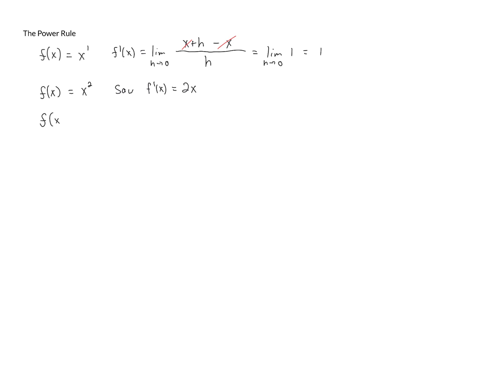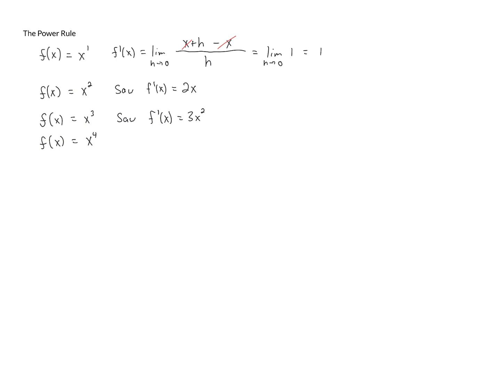Similarly, we've also differentiated x cubed. We saw that the derivative of x cubed was 3x squared. What I want to do next is look at the derivative of x to the fourth. I want one more example so we can start to see a pattern.